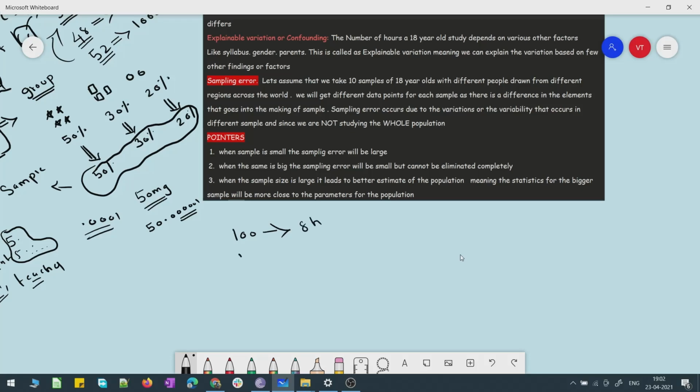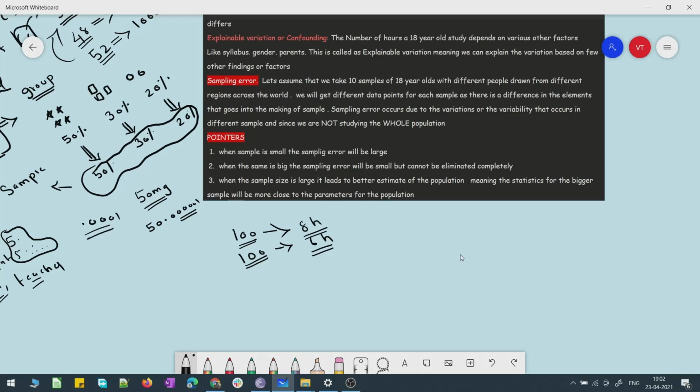And let's say my friend takes a sample and studies it, and it could be about 6 hours. There is no constant. These things change because the elements I have in the sample are different. That could be someone studying a very low number of hours, or someone studying a high number of hours. Because of that, you're bound to find some variation.